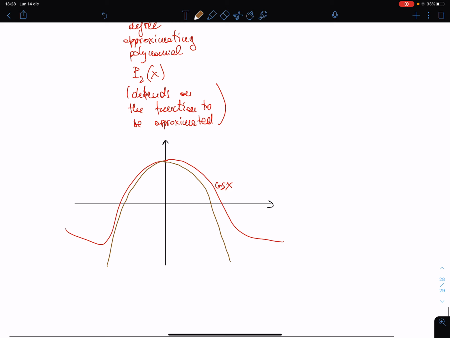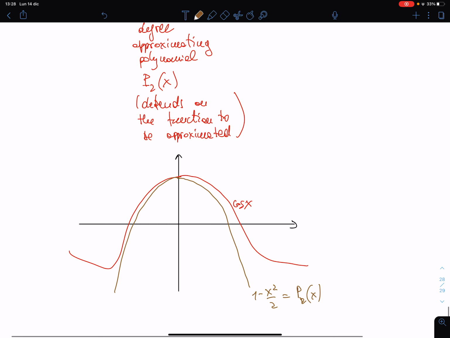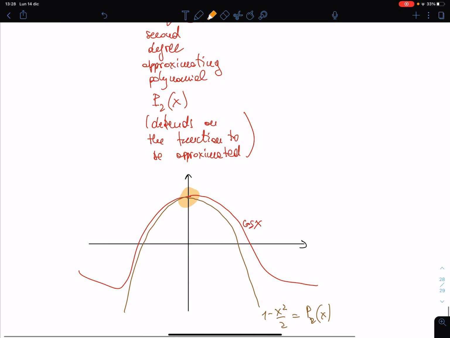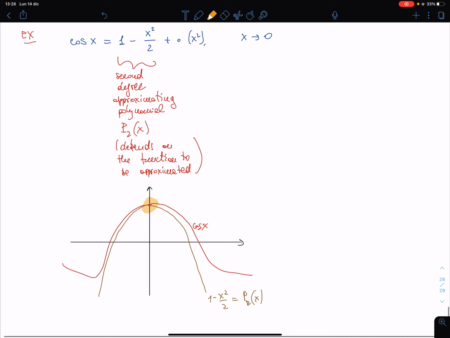Okay, and the idea is that here, near 0, the contact between the two curves, between the two graphs, is extremely good. Okay, there is a higher order contact.